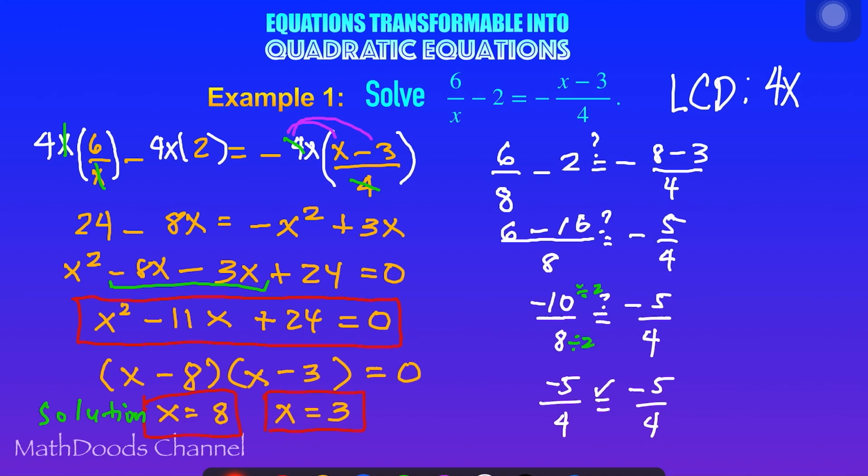I-test din natin si 3. Naku, wala tayong space. So, dito na lang. Singit na lang natin. So, 6 over 3 minus 2 equals negative 3 minus 3 over 4.